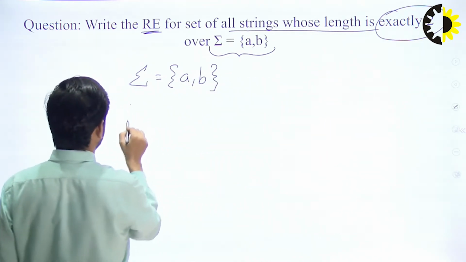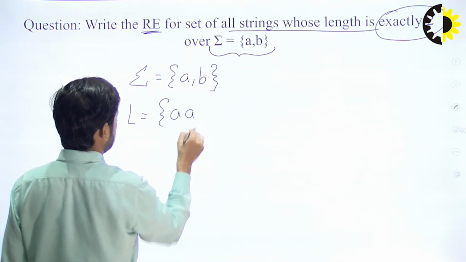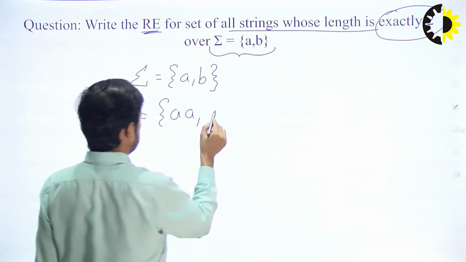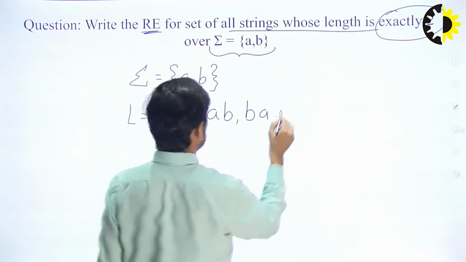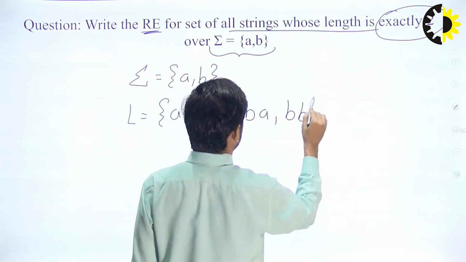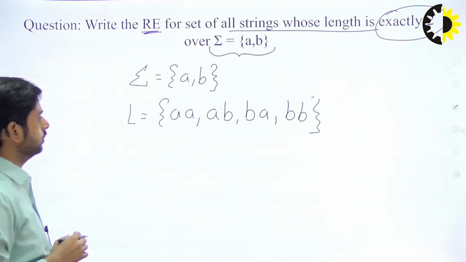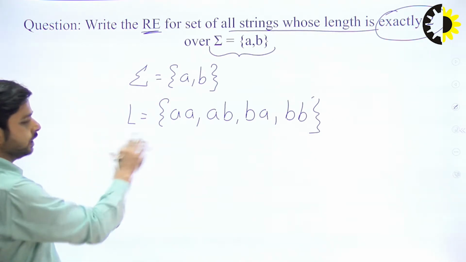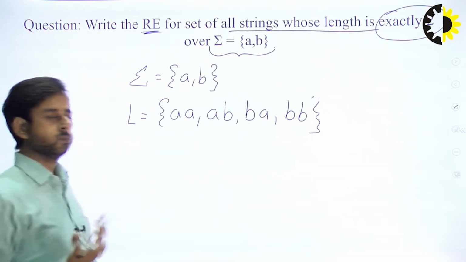So the language contains what elements? AA, AB, BA, BB. These are all the combinations. So this is the language, and corresponding to this language, we need to write the regular expression.